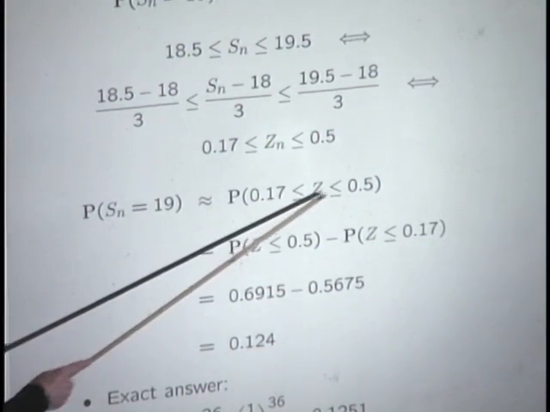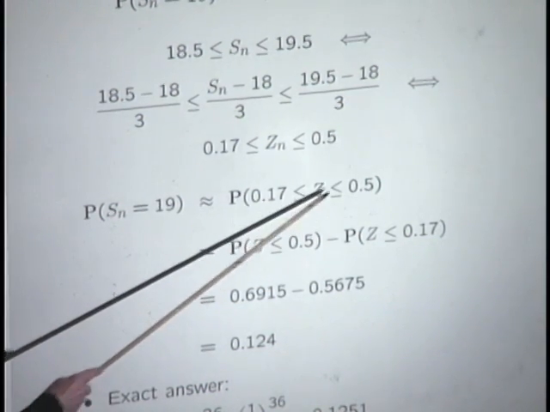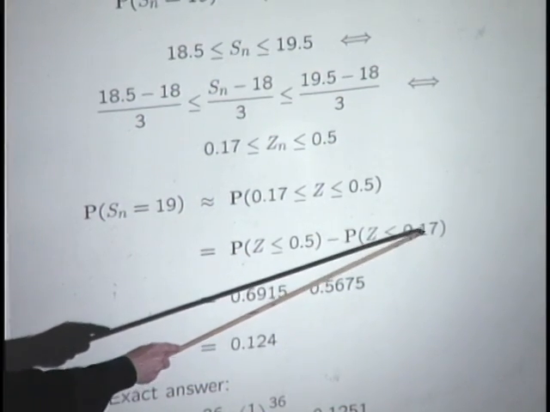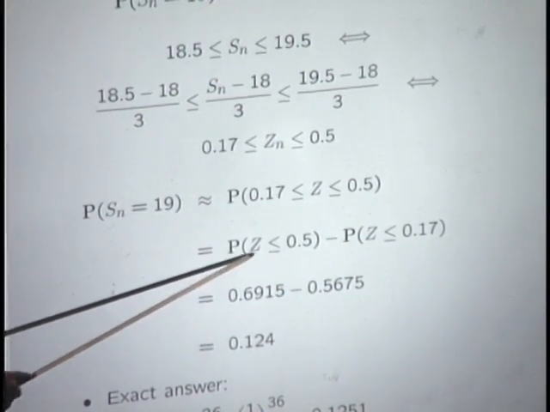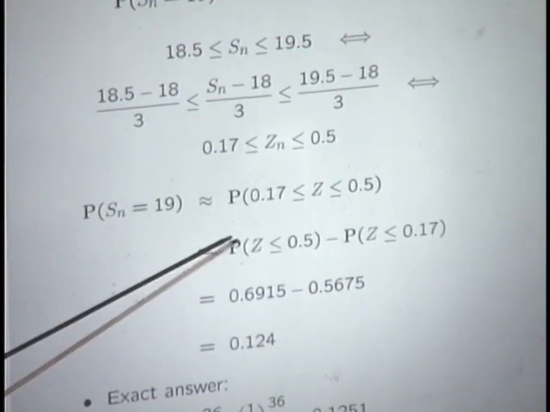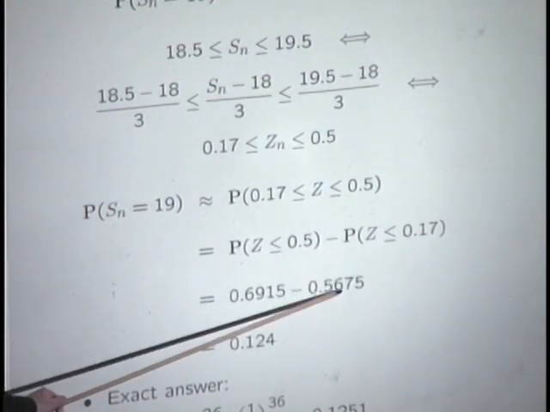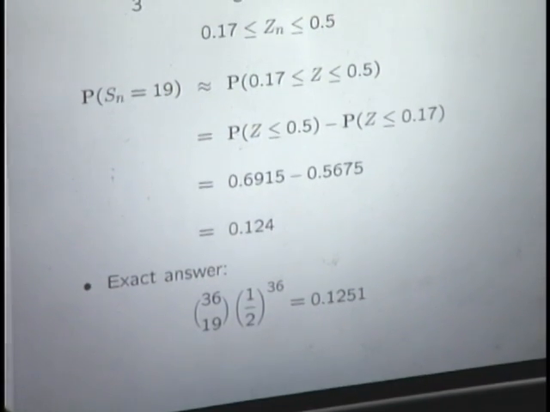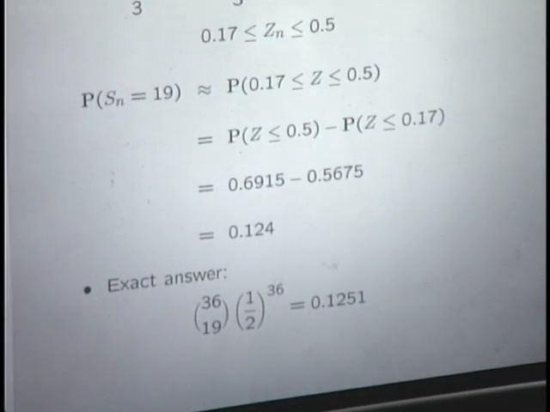You find this using CDFs, because this is the probability that you're less than this, but not less than that. So it's a difference between two cumulative probabilities. Then you look up your normal tables, you find numbers for these quantities, and finally you get a numerical answer for an individual entry of the PMF of the binomial.